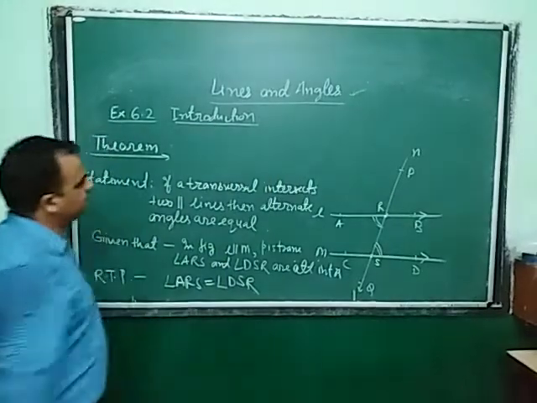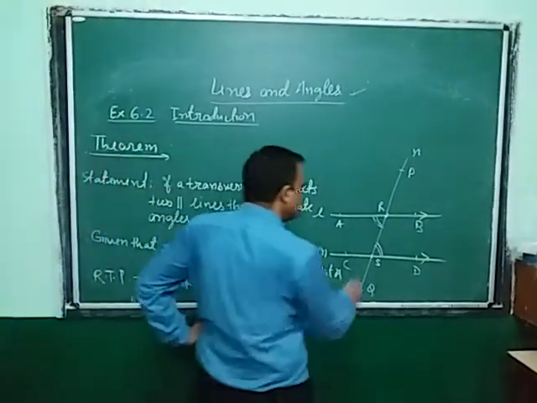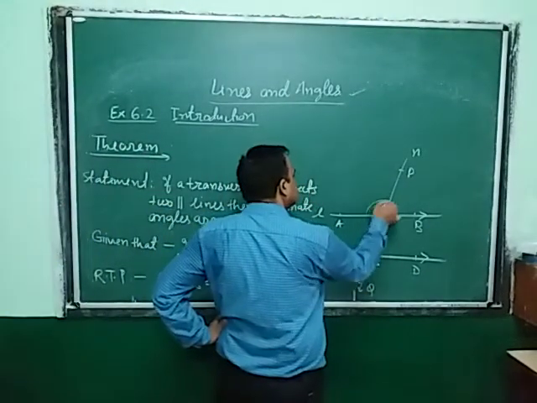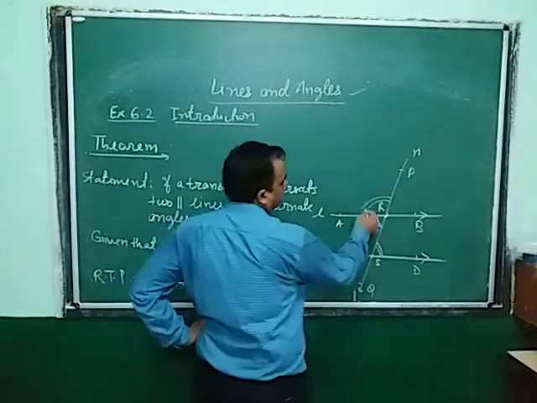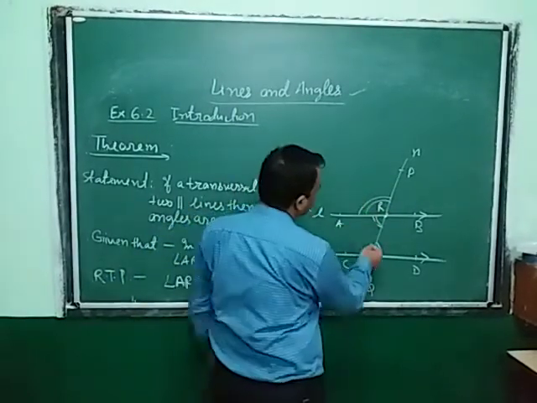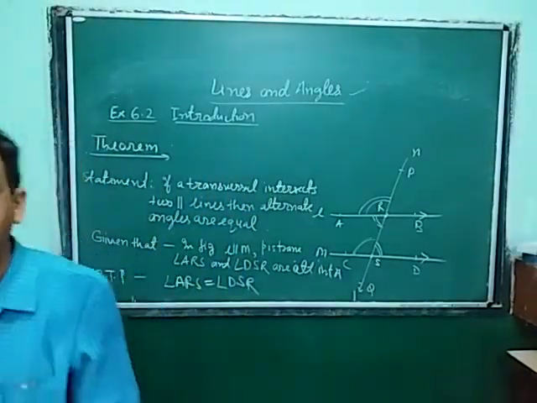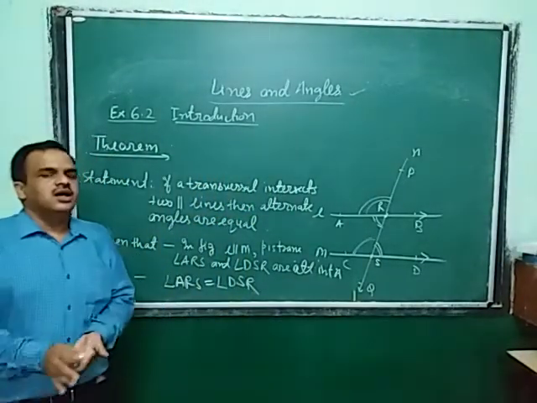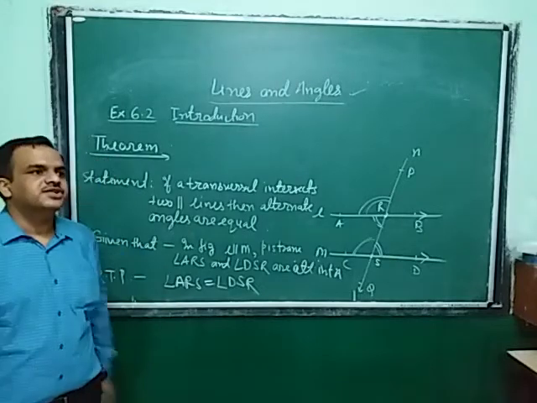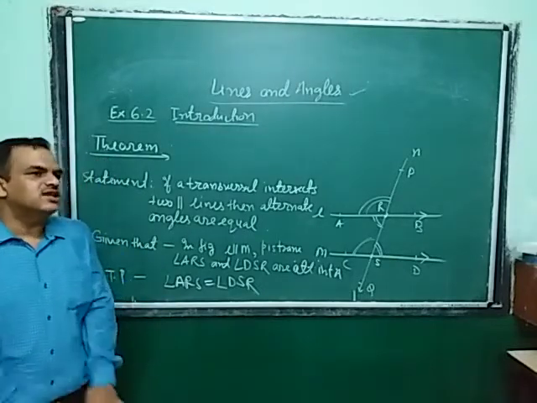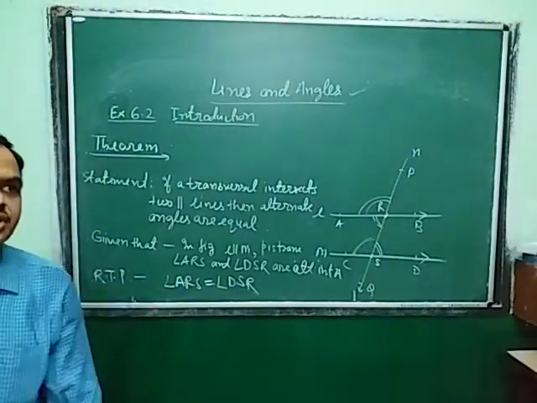As in axiom 6.3, you have seen that corresponding angles are equal. So, corresponding angles means this angle is equal to this one. This we have already stated, and in your previous class, we have stated one thing, that axioms are statements which need not be proved.